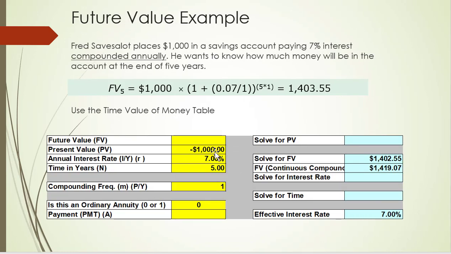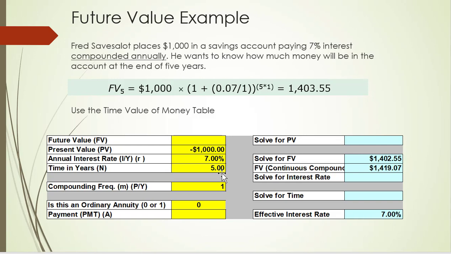We invest $1,000 in these time value of money tables, and using this tool, even financial calculators, you have to remember that the cash flows have to have a sign. Investing means money is going out of your pocket, so negative $1,000 would be the investment.